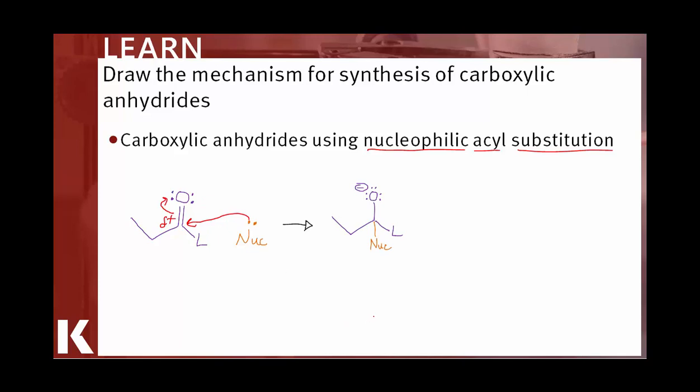Now, at this step, you should always ask yourself if there's a good leaving group, because if there is, we're going to reform the carbonyl carbon and kick it out. That brings us to the substitution part of the reaction and our products, which involve a nucleophile attached to the carbonyl carbon in place of the previous leaving group. So again, you'll see this reaction very commonly when it comes to carboxylic acids and their derivatives.